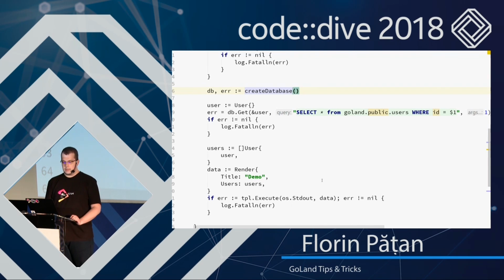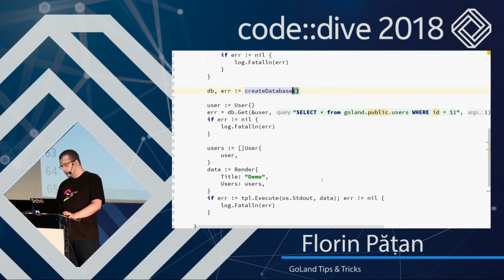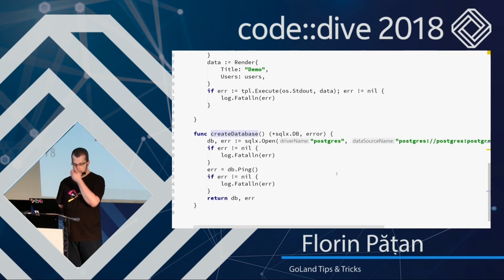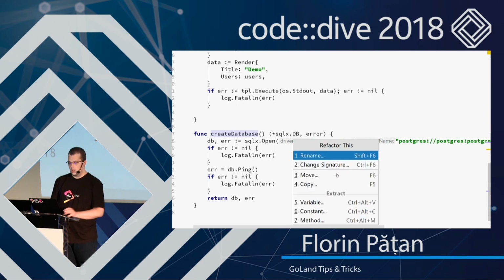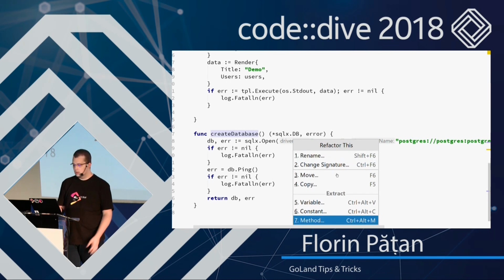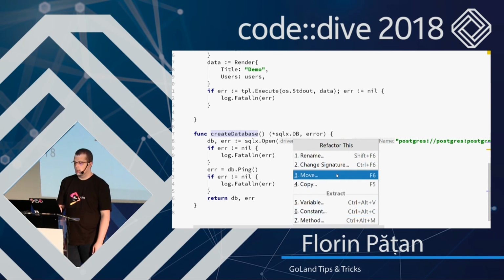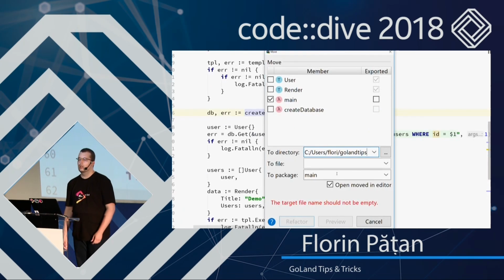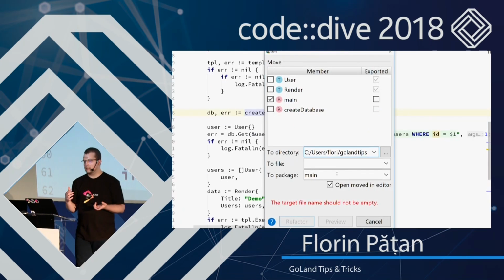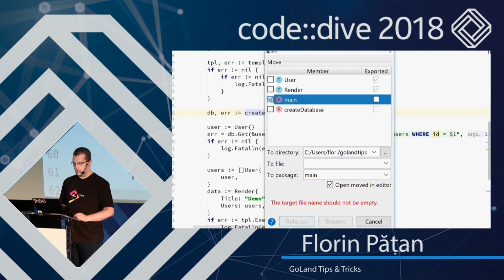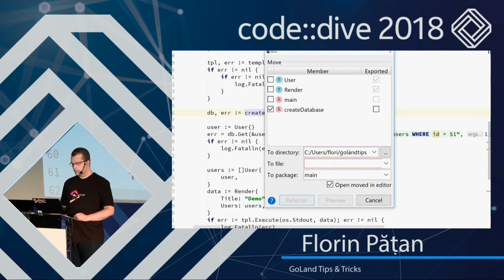So going back to this one, I have a proper function now, and well, I don't particularly like that it's a function in the main file, and maybe I want to reuse it in another file as well, in another project later on. I can choose refactor this again, so it's pretty handy. And I can say, okay, move me the identifier. So I can take that and say, well, I want you to move, not the main function, the create database one.